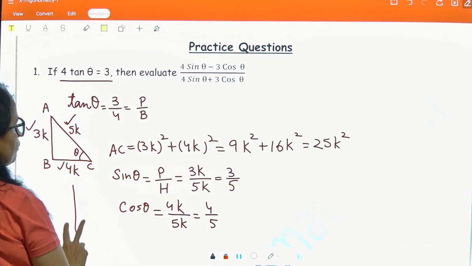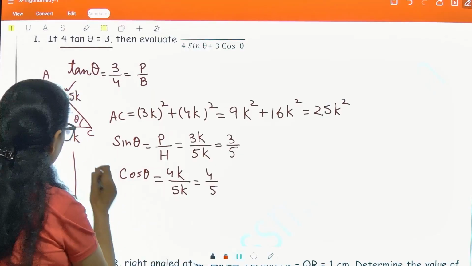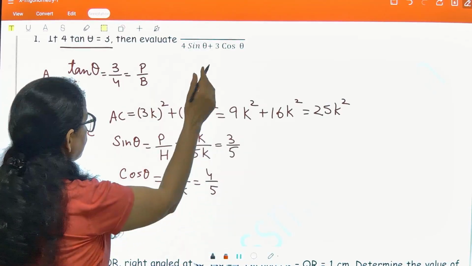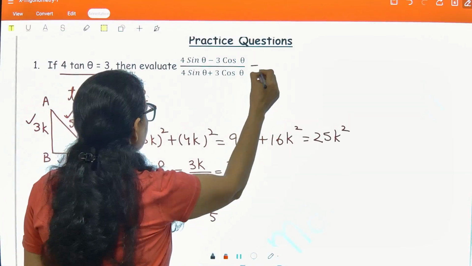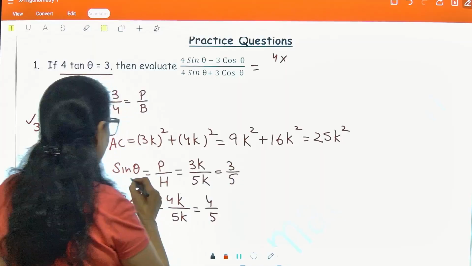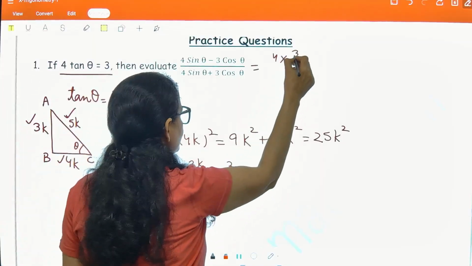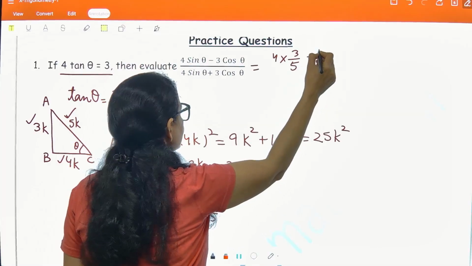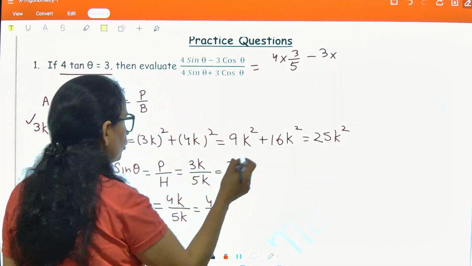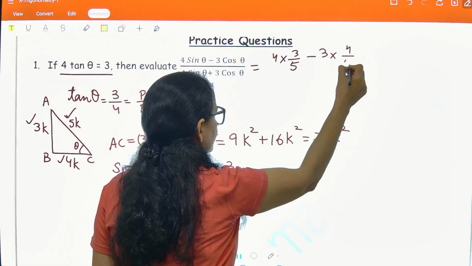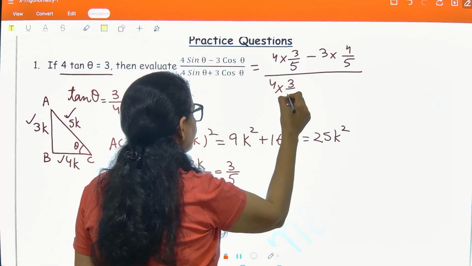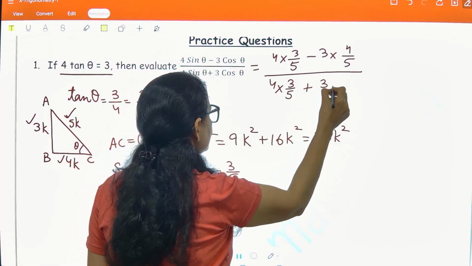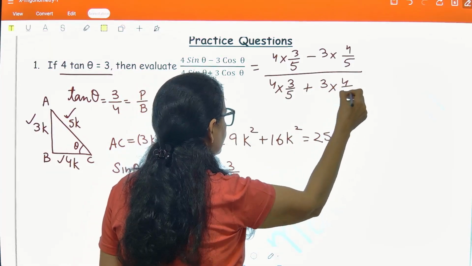And now you need to evaluate the expression given to you. So as per the expression, if you put in these values, it is going to be 4 into, what is sine theta? 3 by 5. 4 into 3 by 5 minus 3 into 4 by 5, whole divided by 4 into 3 by 5 plus 3 into 4 by 5.